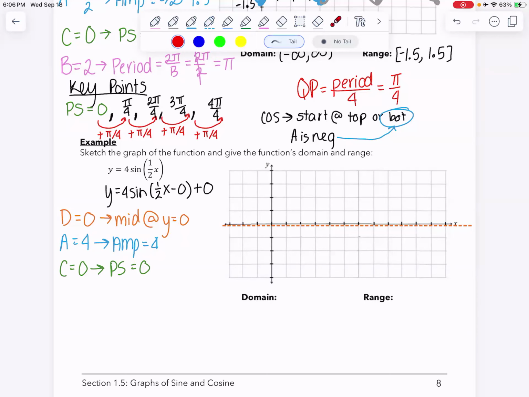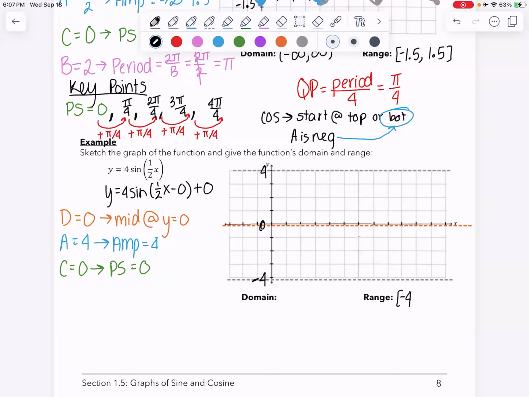Amplitude is 4. That means I'm going to go up 4 units and down 4 units from my midline. This is -4. This is 0. This is 4. You can write our range. Our range is going to be -4 to 4. And our domain, of course, is -infinity to infinity.